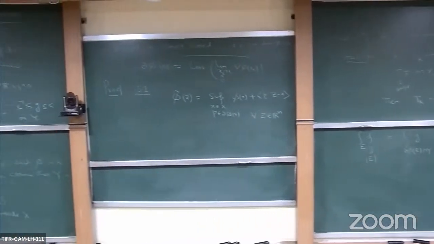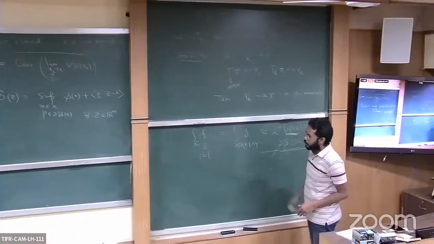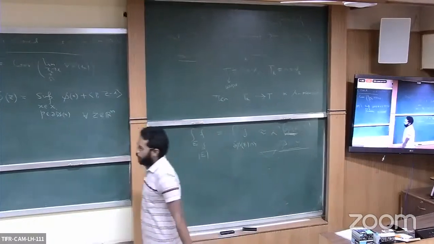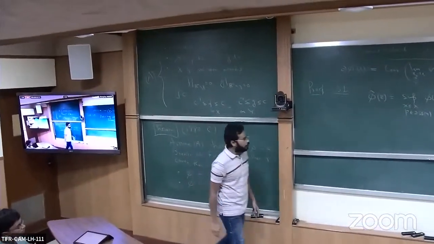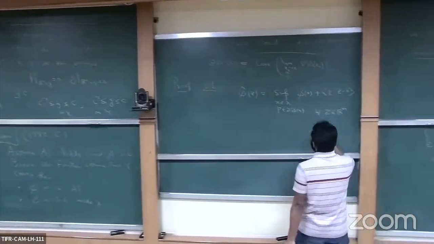But we don't know what happens at the boundary. All we know is that the gradient, everything, lies inside it, so at the boundary points we don't have any control. So this is the first step.